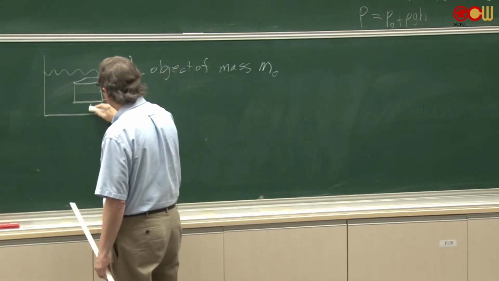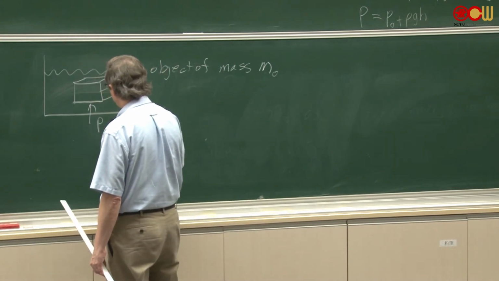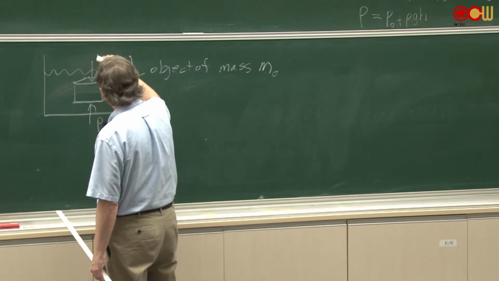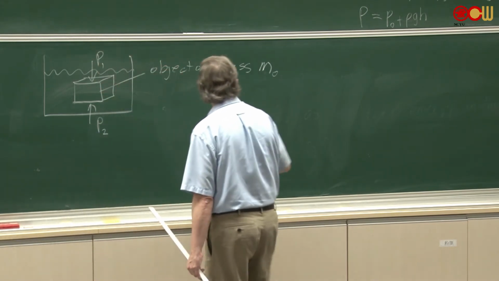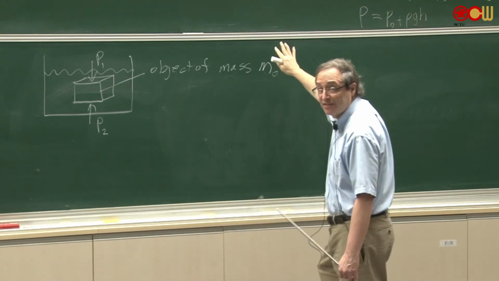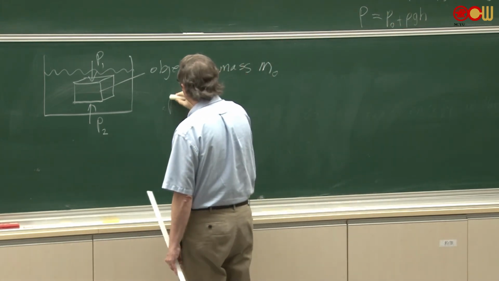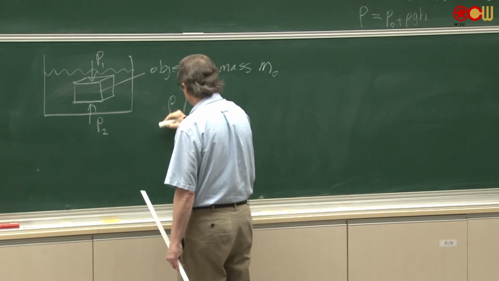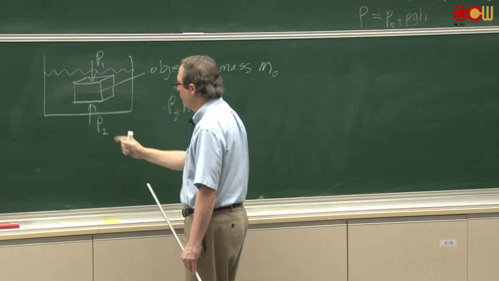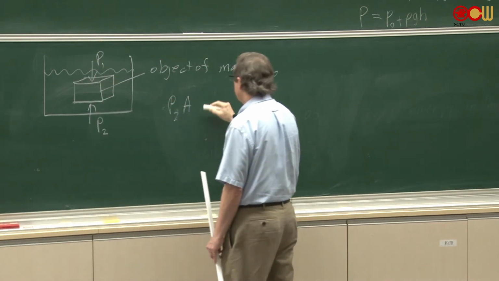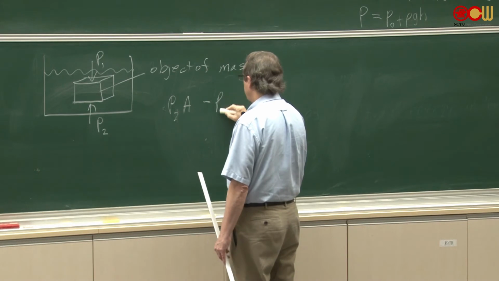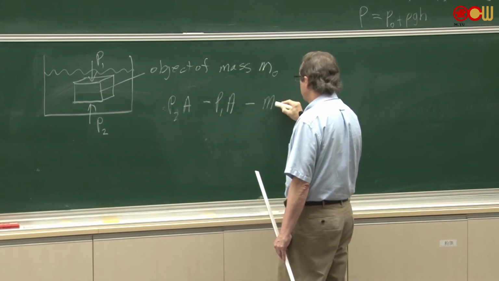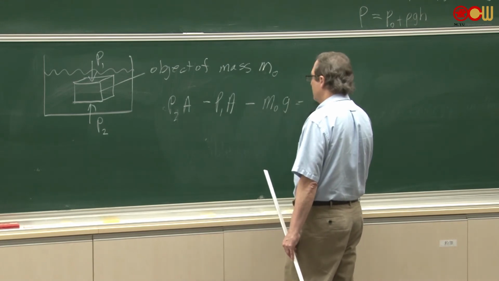There's a pressure here, we'll call this P2, and pressure here, P1. Using the same exact logic, we get P2 times A, the pressure up, minus the pressure down, minus the mass of the object times g is equal to 0.